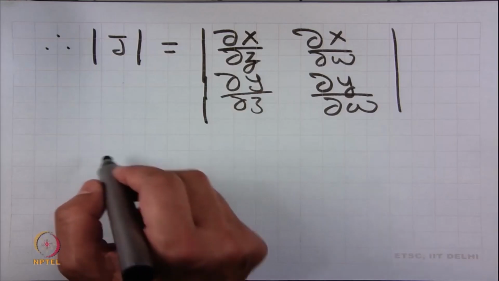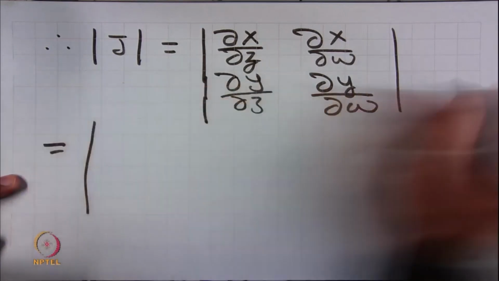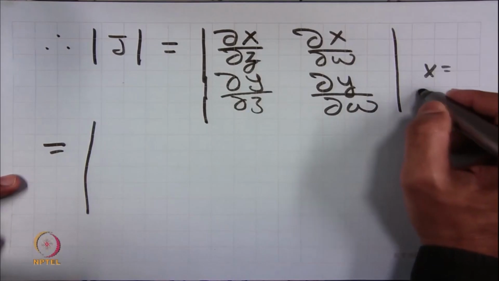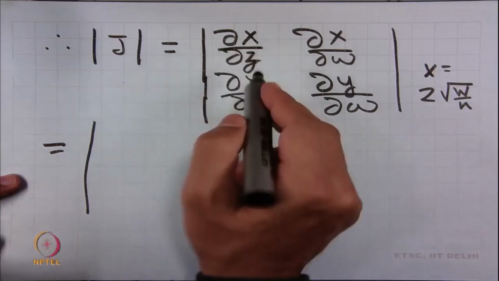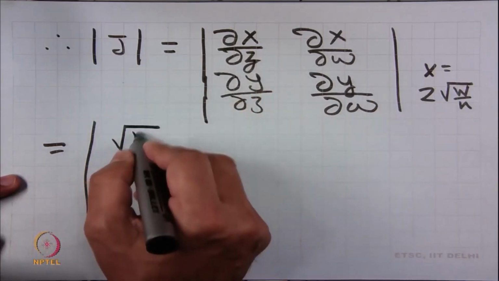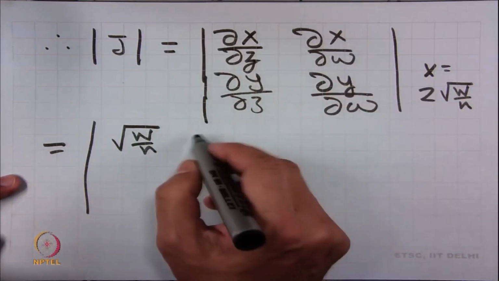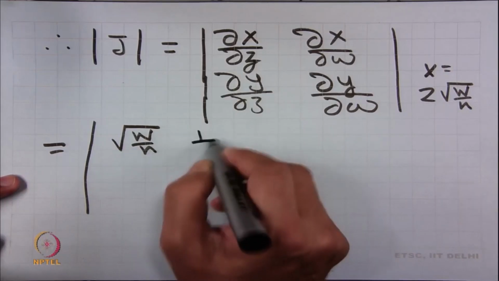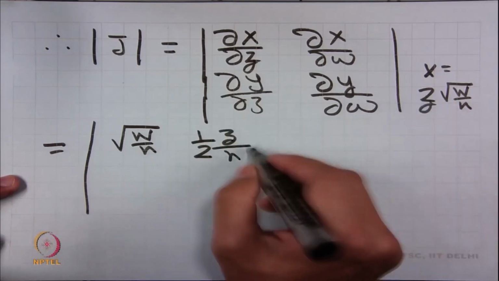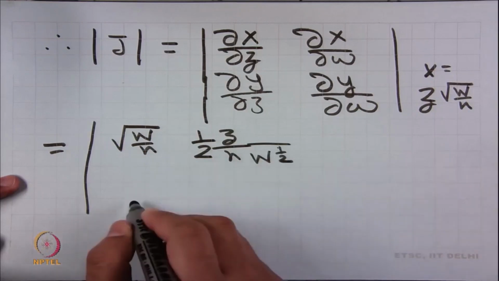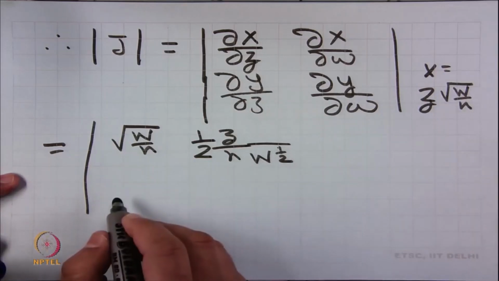Which is equal to, x is z root over w by n. Therefore, del x del z is equal to root over w by n, del x del w is half z by n into w to the power minus half.